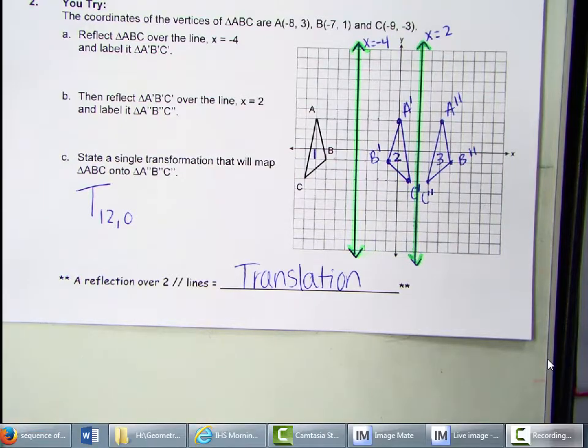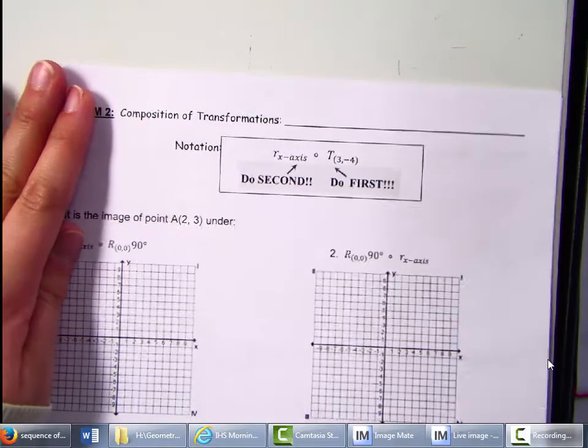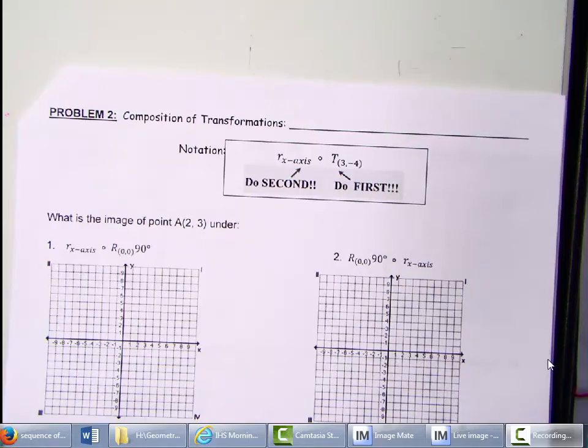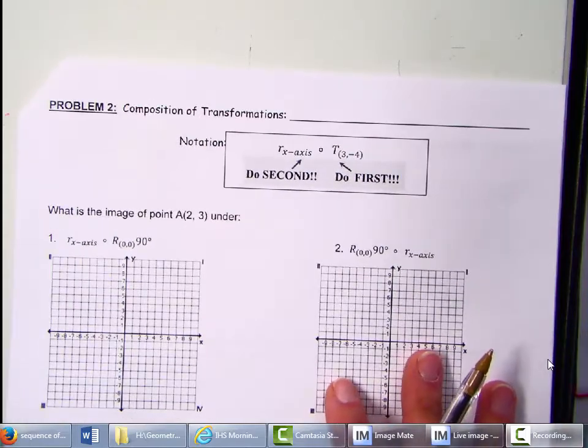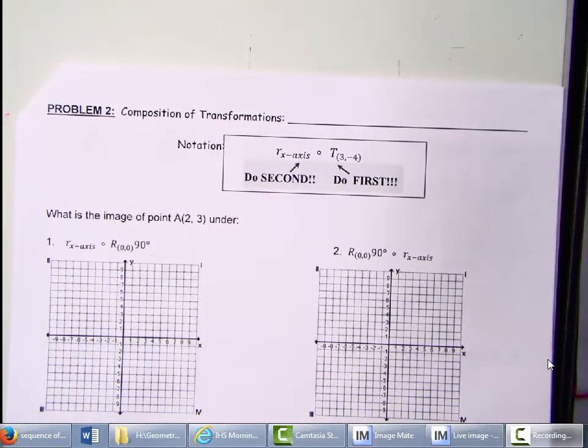Now we're going to go on in the lesson and we're going to do problem 2. Problem 2 is called a composition of transformations. A composition is very similar to a sequence of rigid motions.